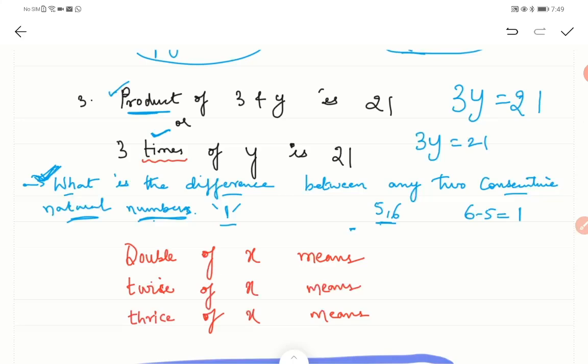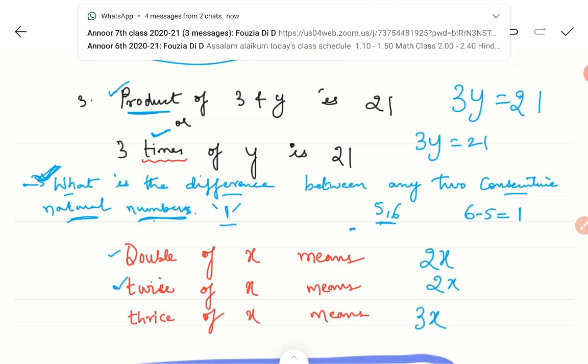What does it mean? Double is 2 times, right? 2 times of x. Or it can be asked like twice of x. That also means 2x. Twice means 2 times. Thrice of x means thrice is 3x, isn't it? Thrice of x means 3x.